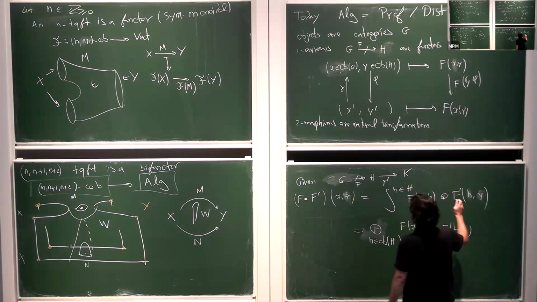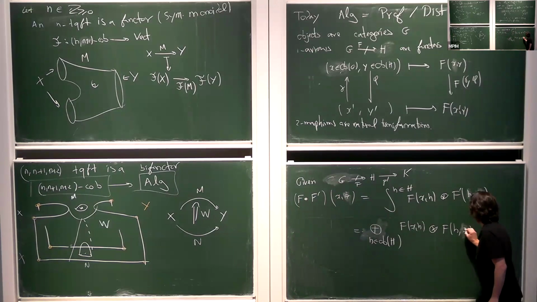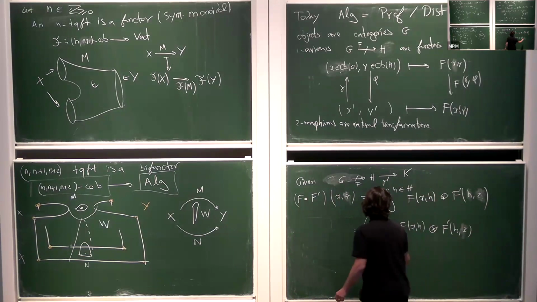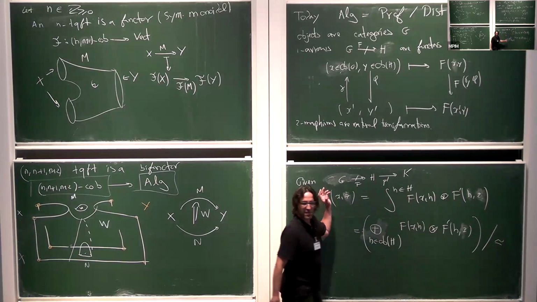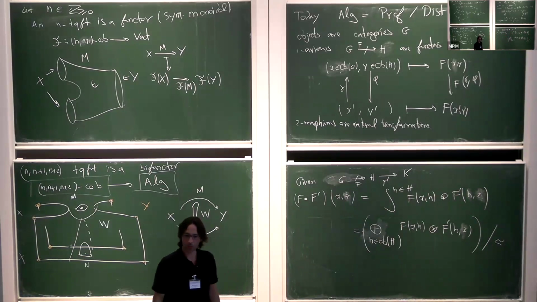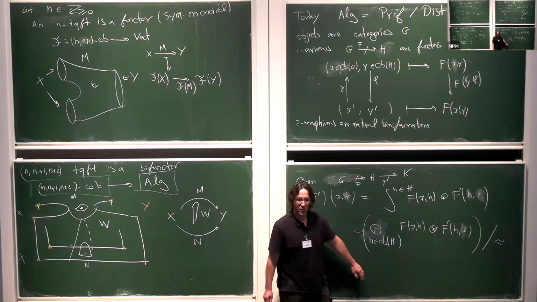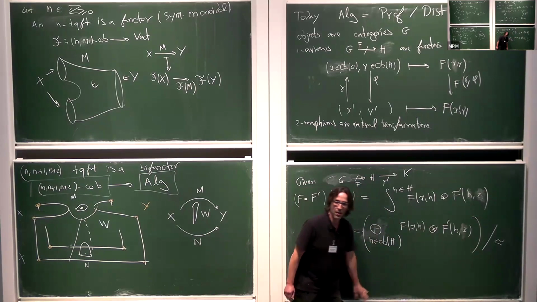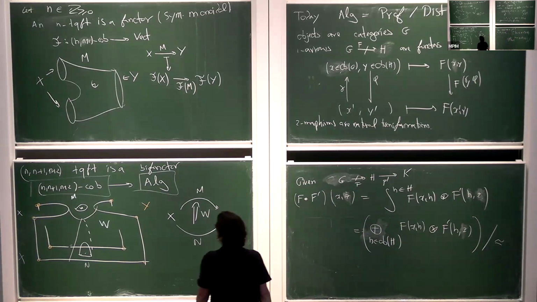Sorry, it should be a y here. Okay, and then you need to divide by a certain equivalence relation, which probably I should not write down. Find any book on category theory. It's very similar to the equivalence relation you use when you do the tensor product of bimodules over an algebra.